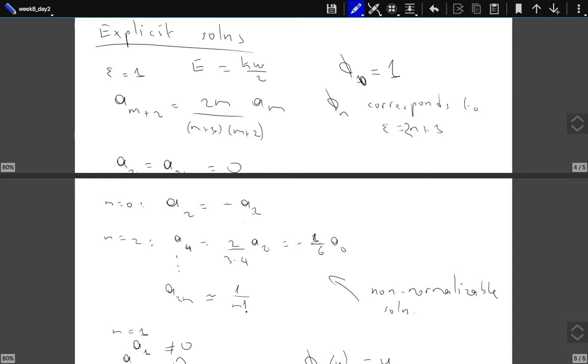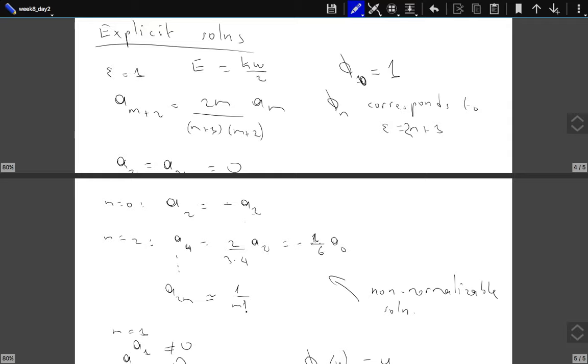It goes to 0. But nevertheless, the sum of this series is convergent, and the function behaves like e to the power u squared. Because of that, the solution is not normalizable. It's not that the series doesn't converge. The series does converge. In fact, that is what we had proved.